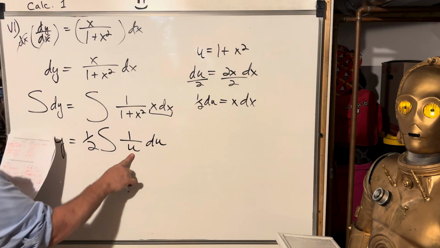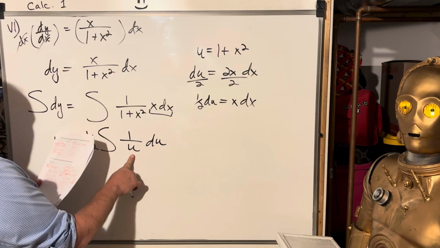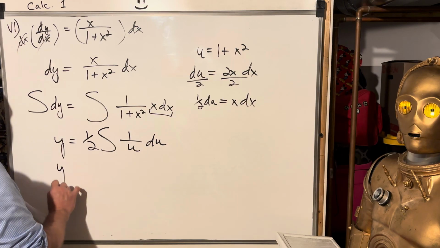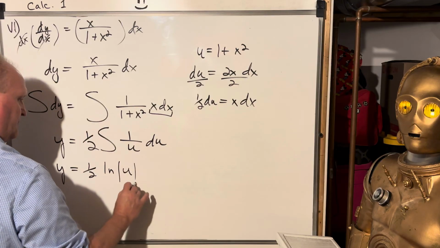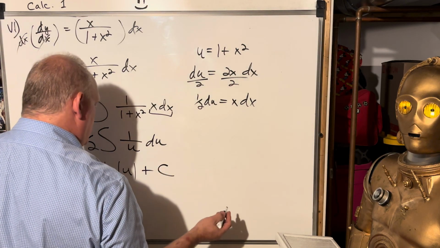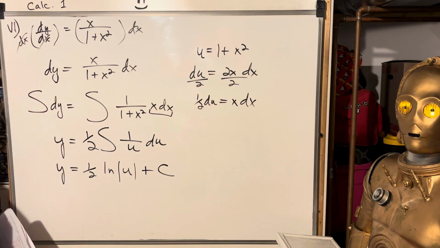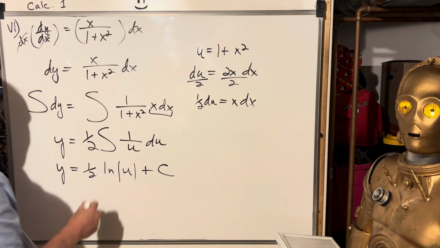And then remember how that works. 1 over u, we have to use the natural log. So that's ln of the absolute value of u, plus c. Remember the plus constant, always with the plus constant. And now put that back in.